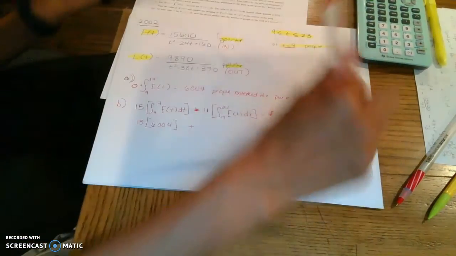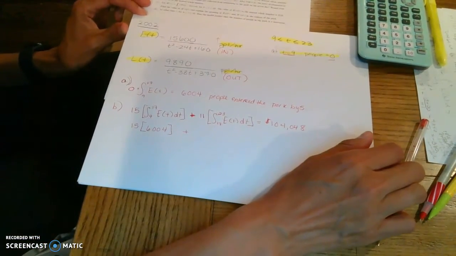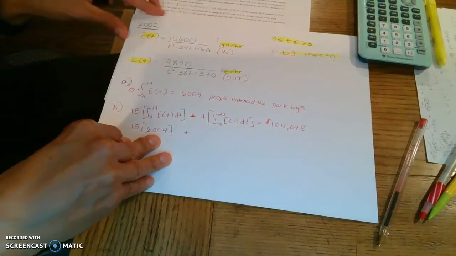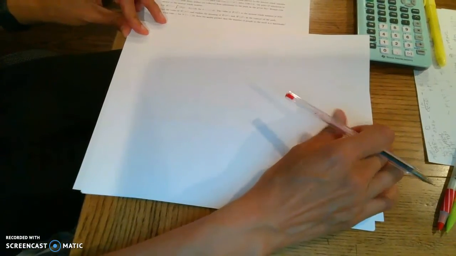Okay, so here comes C. It says let h of t, and they give you an equation. So I'm going to go ahead and just spin this around just so I have more room. I like to write nice and big so I know that you are seeing this.